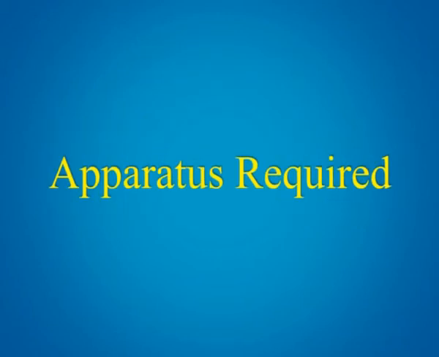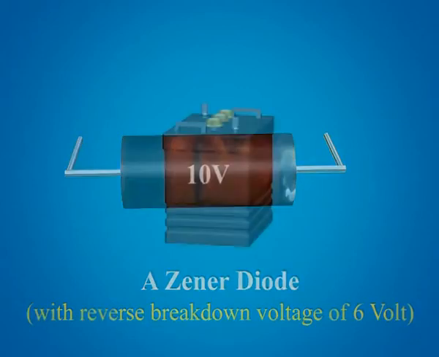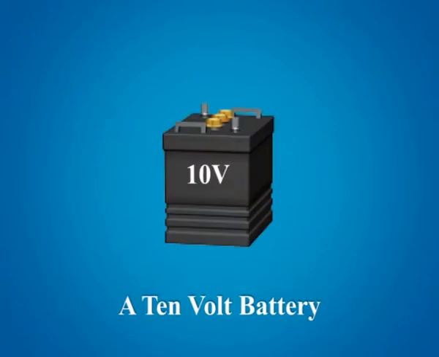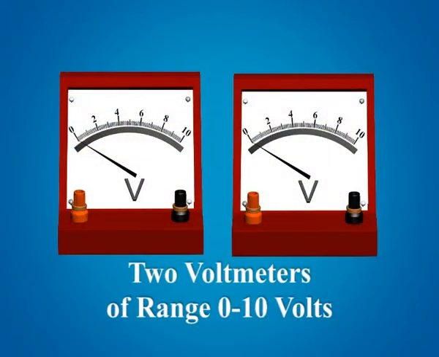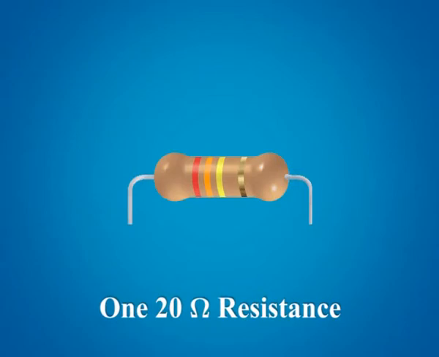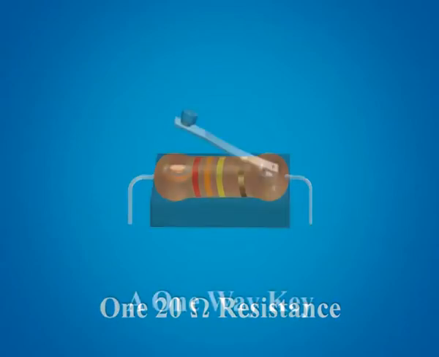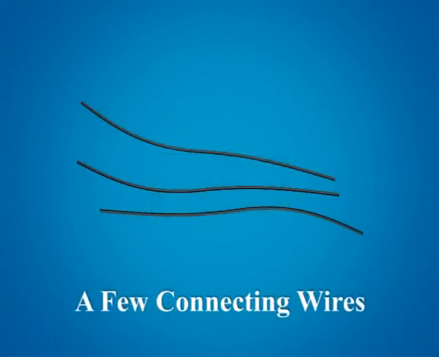The apparatus required for the experiment is a Zener diode with reverse breakdown voltage of 6 volt, a 10 volt battery, a rheostat, 2 voltmeters of range 0 to 10 volts, 1 microammeter with range 0 to 100 microampere, 1 20 ohm resistance, a one-way key, a few connecting wires.